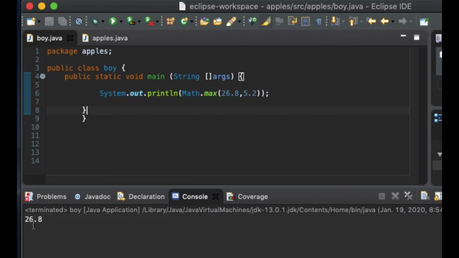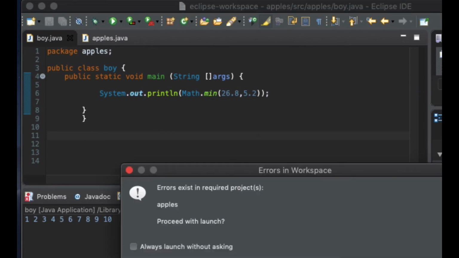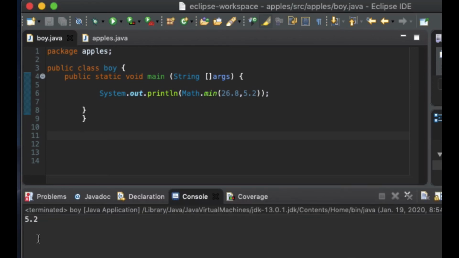You can see we are seeing 26.8. We have another opposite thing as well, minimum. So min right here, it's going to compare again and see which value is the lowest and display that one. Here 5.2 is the lowest, so it should display that. Now let's run this one, and you can see it's displaying the lowest value.